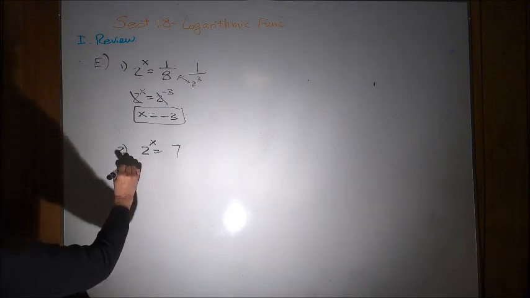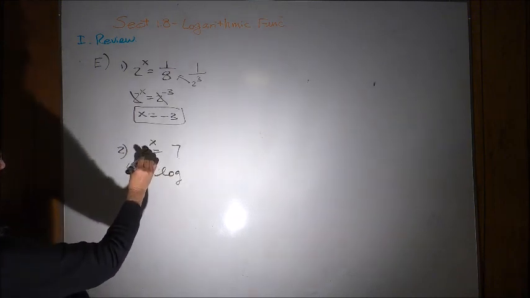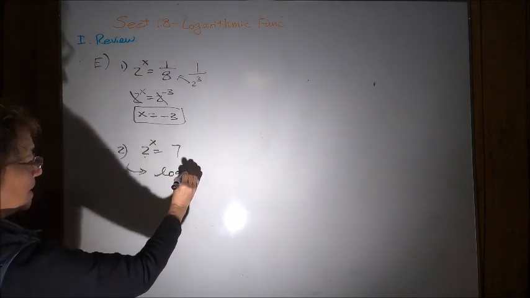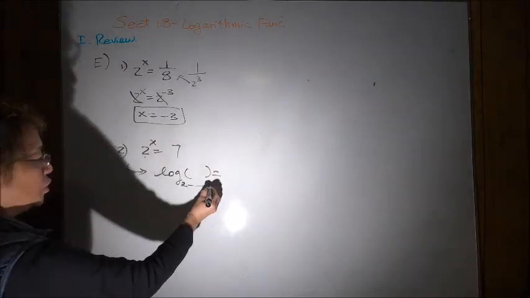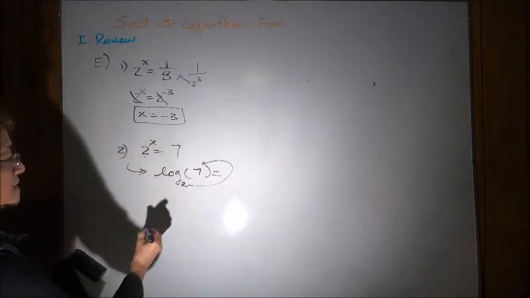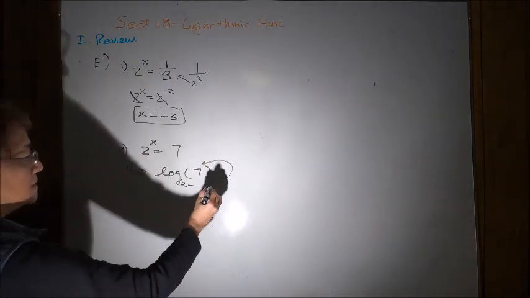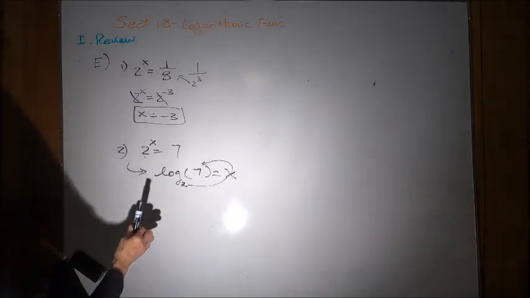So you rewrite this one to the log. How do you rewrite it? Log base what? The bottom one, base 2. Then what's inside, what's outside? So you hook the power, become the result. You put the result inside, and outside is the hook, the power.